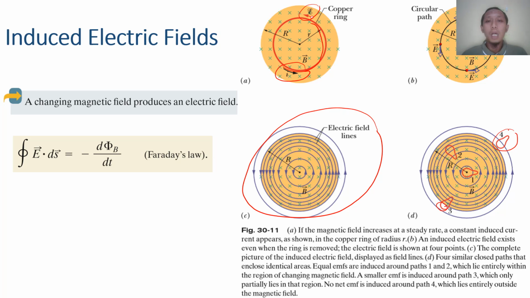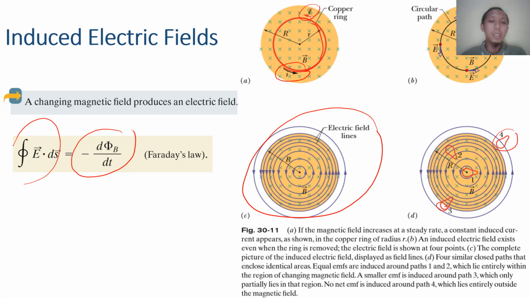From this figure, we can conclude that if there is a changing magnetic field per unit time, we can create electric fields.